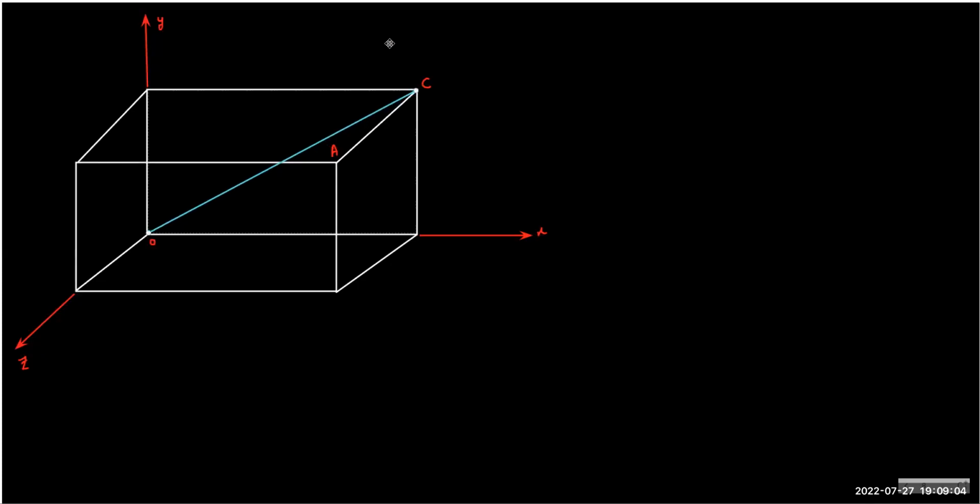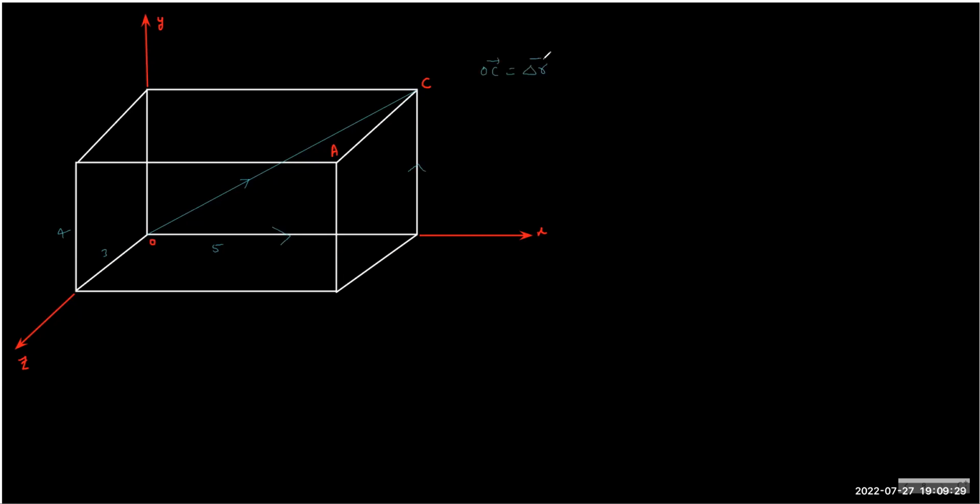And I have told you how to get the OC vector. Walk from O to C along any side, and keep on writing the i, j, k. So the length is going 3, 5. So to go from O to C, we can move like this and like this. Correct? Yes, sir.